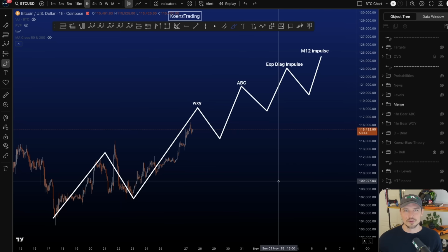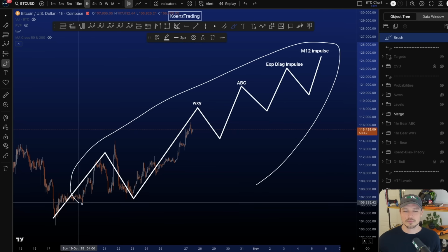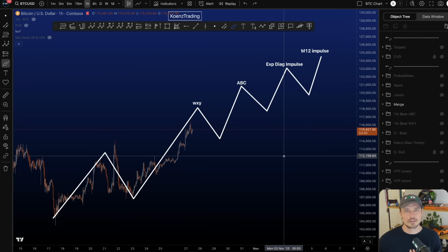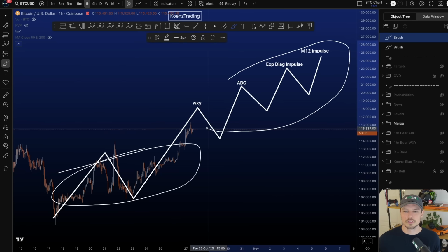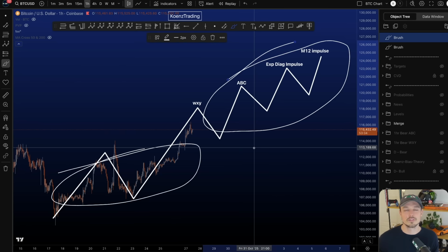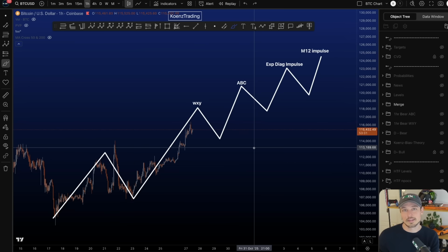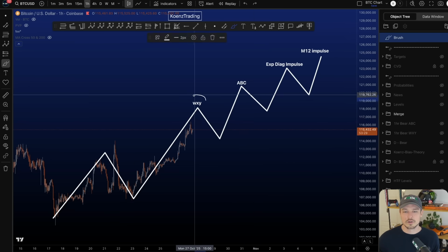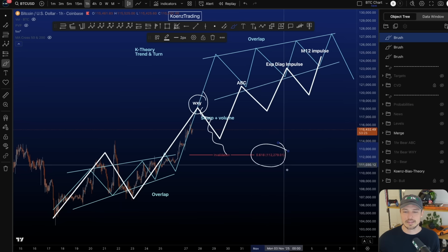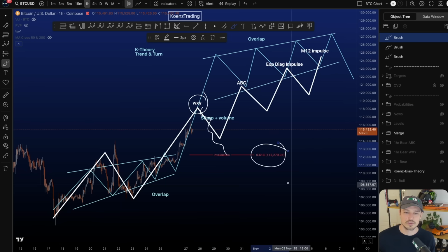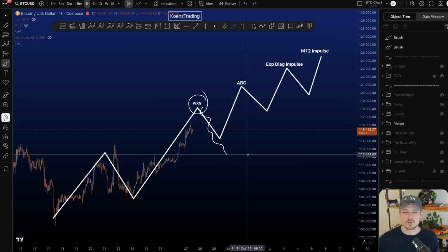What you see on my chart right now is a summary of the different scenarios displayed into one graphic. And what the bulls are looking for is a bunch of 1-2s and therefore a bunch of wave 4s and wave 5s. The bears want to invalidate those wave 4s. So after a WXY, you want price to move to the downside and at least touch 112.2k to invalidate a potential 4 and a 5.